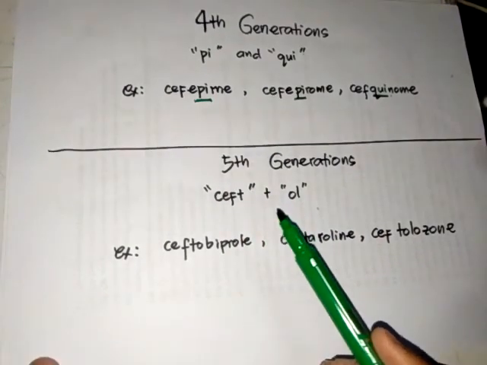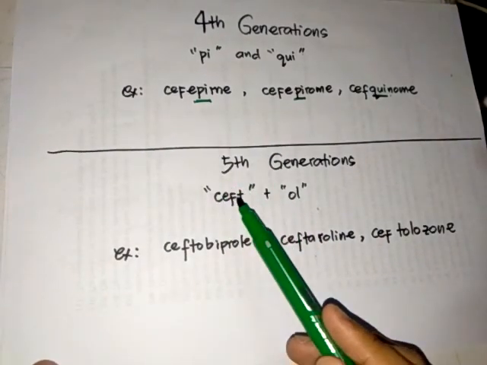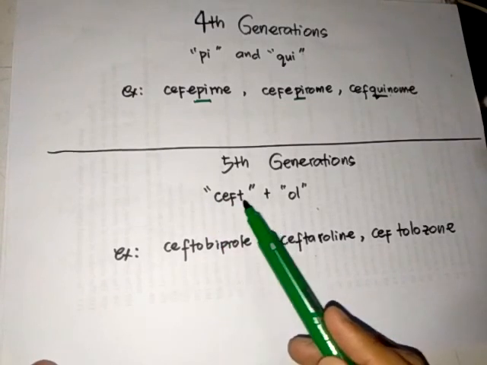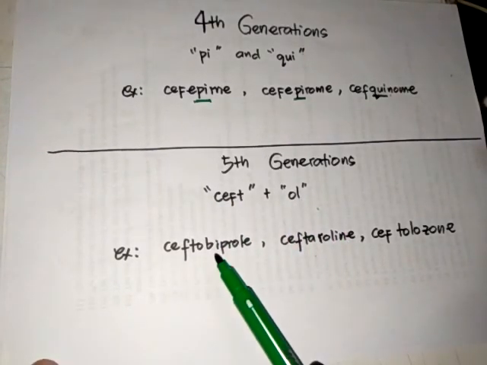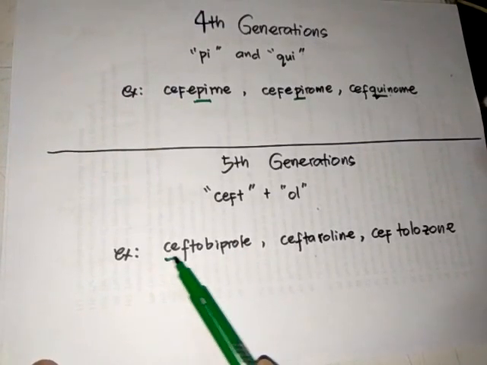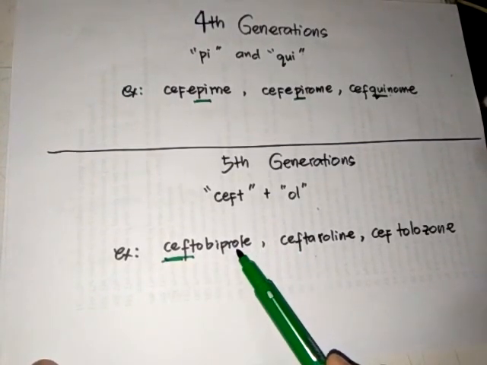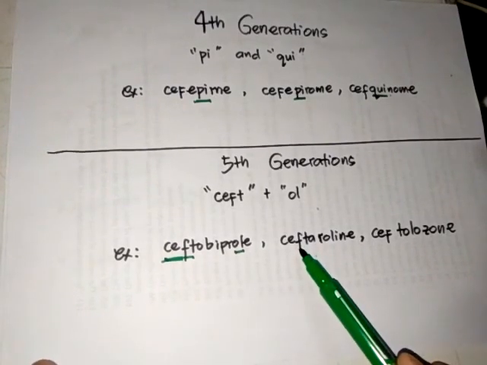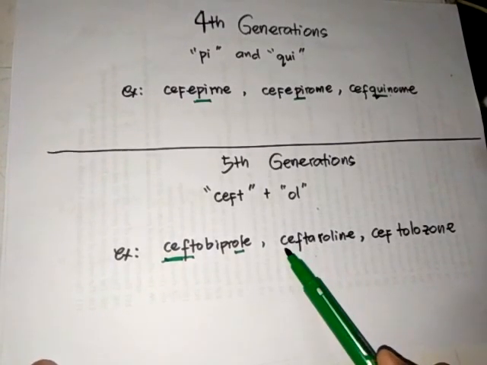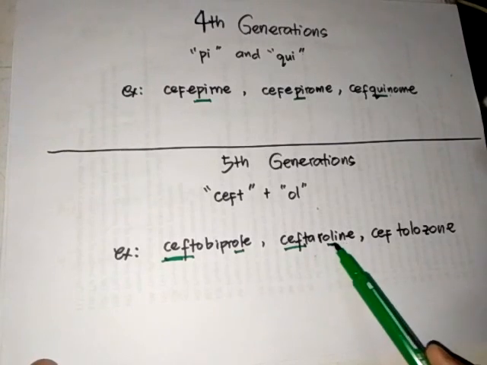Next is your fifth generation cephalosporin. That is a combination of your CEPT and your OL. Example, your ceftobiprole, there's a CEPT here, then plus OL. Ceftaroline, CEPT, OL.